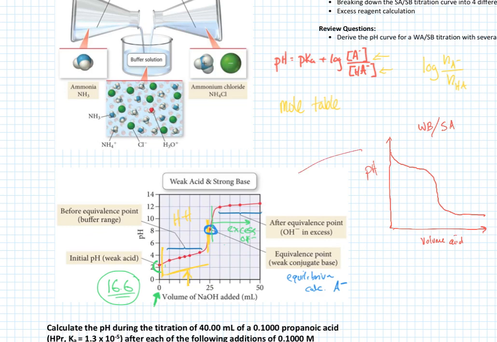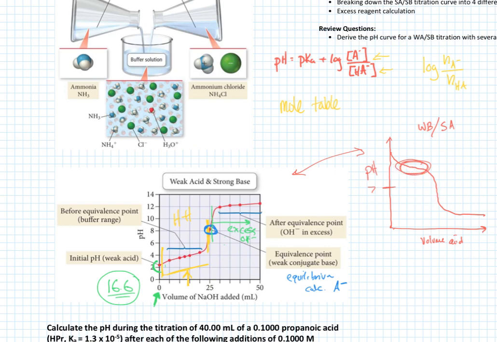So it's essentially a mirror image of the weak acid, strong base case. It's just going to be flipped around, and the buffer region is now going to be on the high pH side. So pH 7 would be here, let's say. So the buffer region is going to be at a higher pH than 7. It's going to be a conjugate base, conjugate acid region as you're titrating it. Okay, so the buffer region is going to be on top.